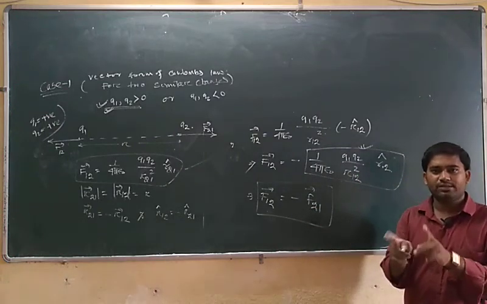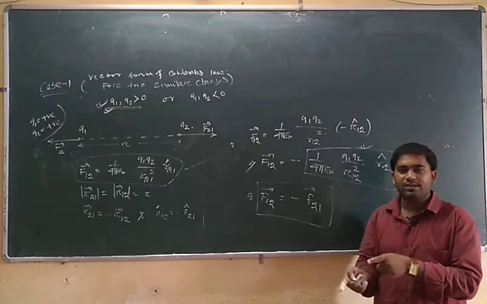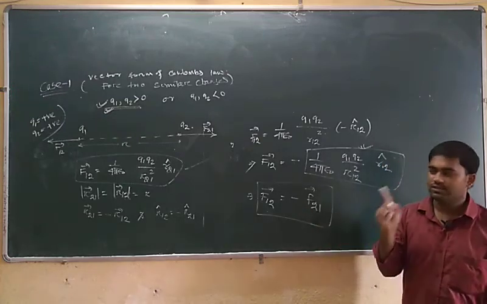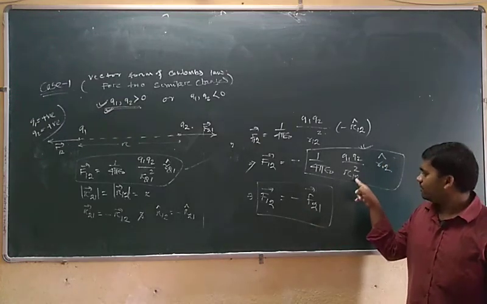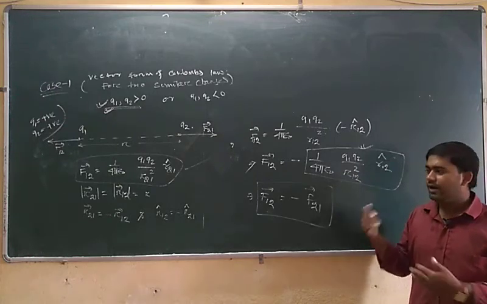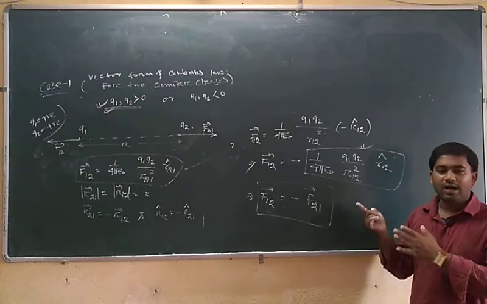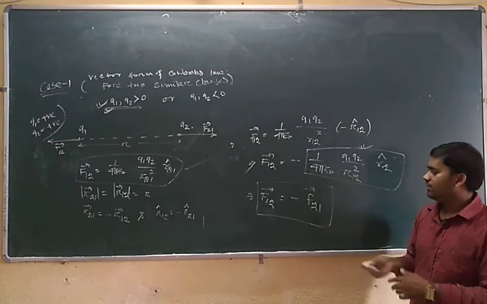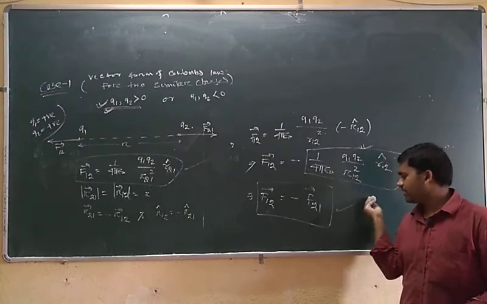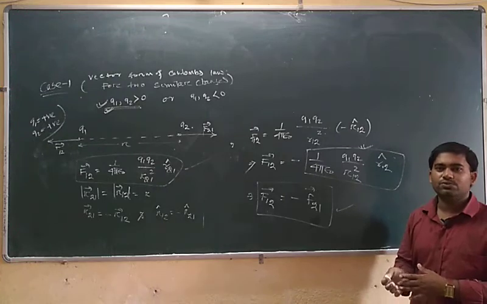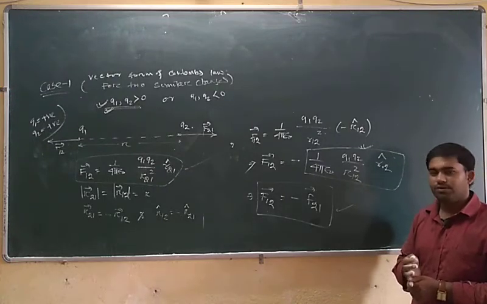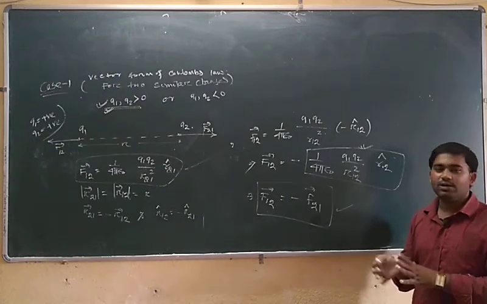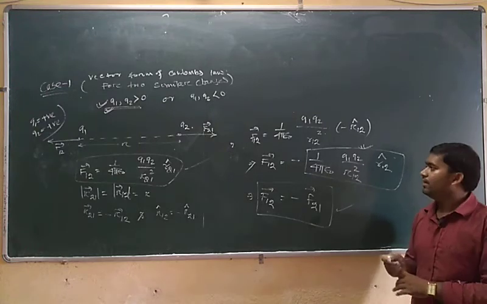That means both vectors have the same magnitude but opposite direction. Same magnitude because the R21 magnitude is also the R12 magnitude, and the R21 unit vector equals minus the R12 unit vector. So both vectors have the same magnitude and opposite direction. One is the negative vector of the other.